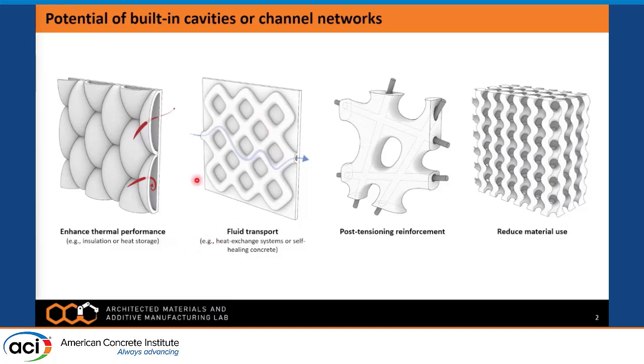Or they may allow for the transport of fluids, such as water in heat exchange systems or precursors in self-healing concrete. They can also provide pathways for post-tensioning reinforcement or pathways for other infrastructures such as utility pipes or cables. And lastly, they could potentially reduce material use without structural disadvantages.